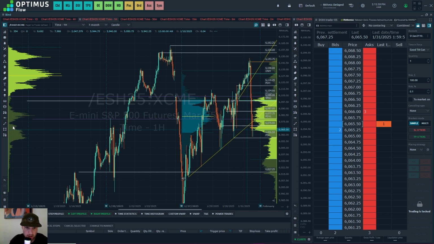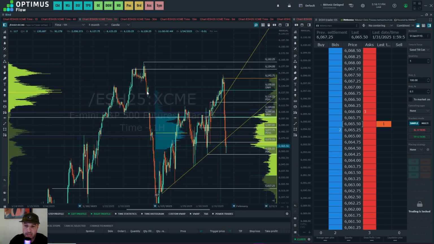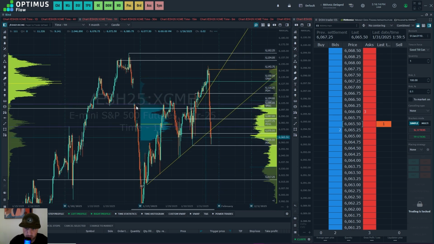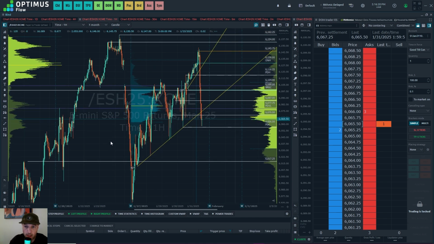This curve right here, low volume node, and then this volume area. But when we rallied up to this new value area, there was a lot more volume being traded up here. And then we came down. Obviously, we gapped down over last weekend and came back into, or at the very bottom of this entire range.